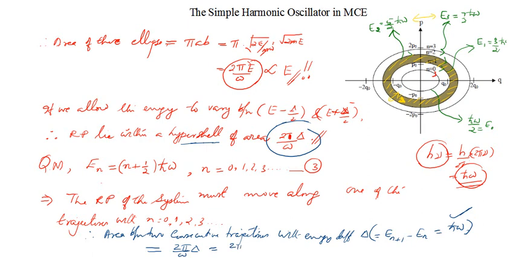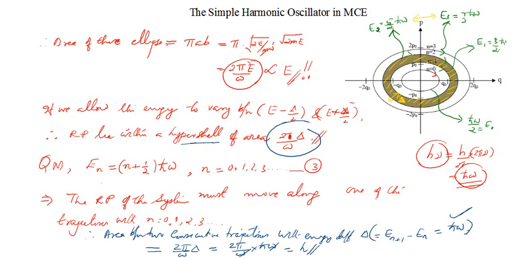It will be 2 pi by omega into h cross omega. Omega and omega cancel, and that is 2 pi into h cross. H cross is h by 2 pi, so 2 pi and 2 pi cancel again. That finally gives you h, the Planck's constant.